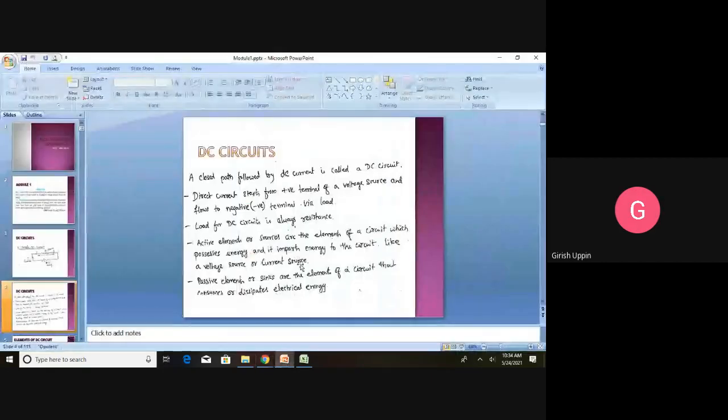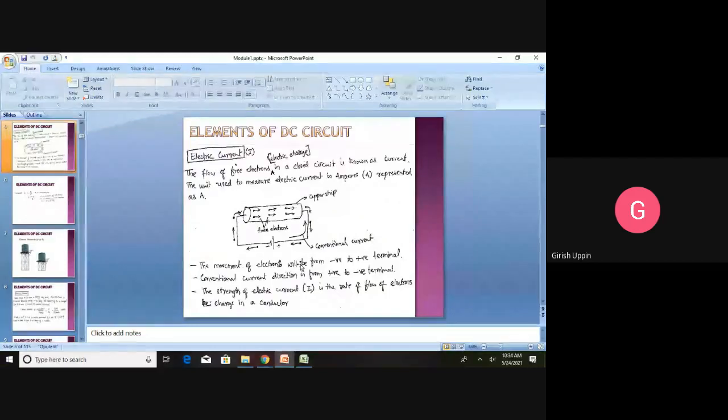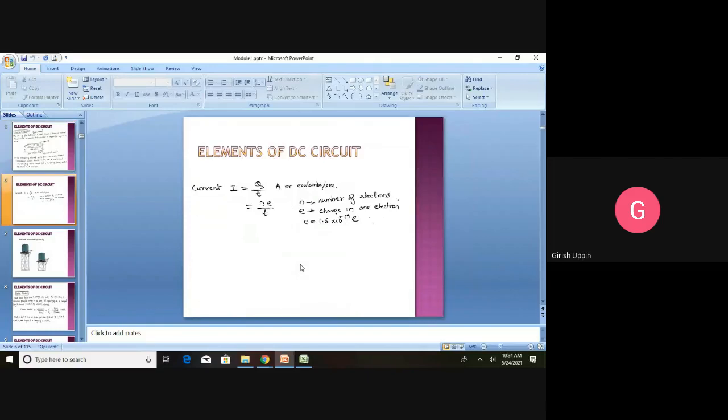In the previous class, we looked into basic DC circuits and the different components of a circuit, and we understood what a current is. Current is the flow of electrical charge, of electrons, and the electric current is the rate of flow of the electrons. We can find the current by knowing the amount of charge that flows per unit time, per second.